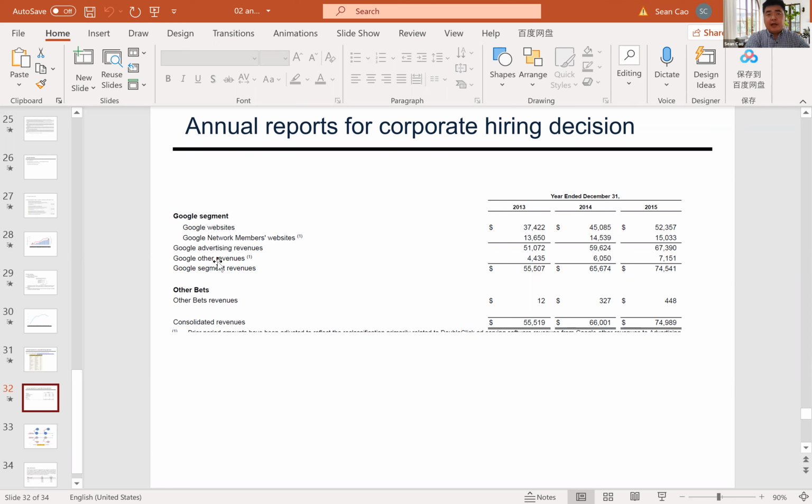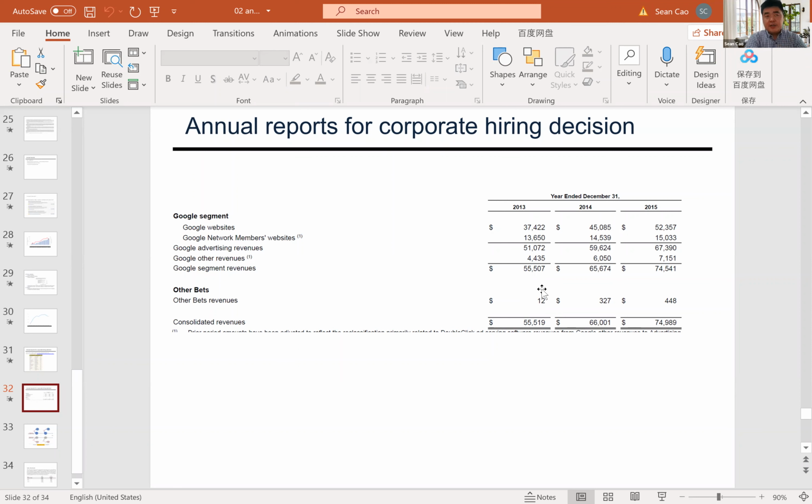So when you evaluate the Google CEO, you can evaluate whether the CEO is good at managing the website, or good at managing the network members, or good at cloud computing. So by looking at the disaggregated segment sales and revenue, you can evaluate the Google CEO's personal strength in each direction. So for example, I give you my CV. My CV has a breakdown of research, teaching, and service. So you can evaluate me.